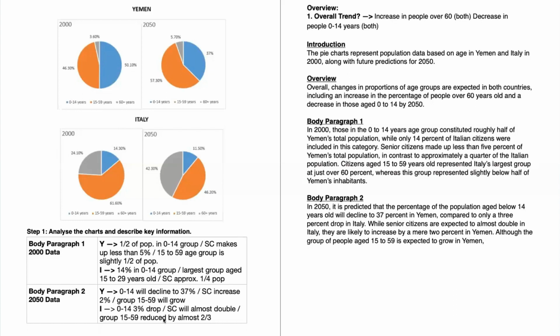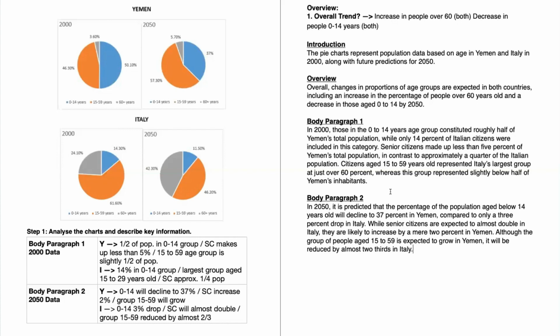So I'm going to say it will be reduced by almost 2/3 in Italy. And there you have it. We have followed our notes. It is very organized. We have all of our information that is relevant. We have our comparisons, and we are finished with this essay.